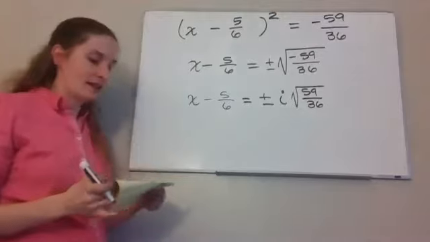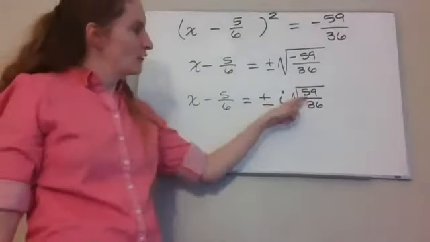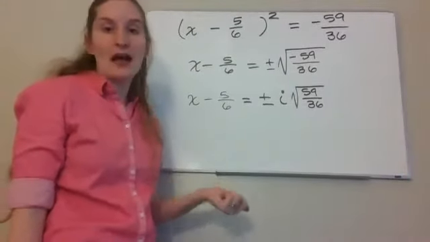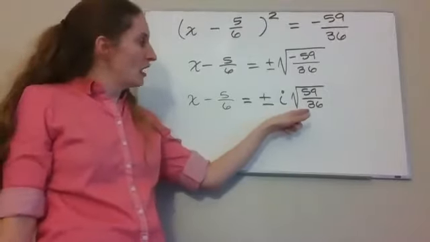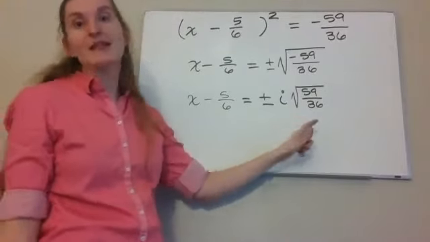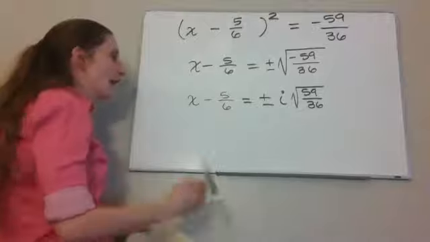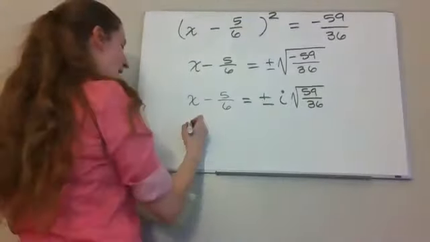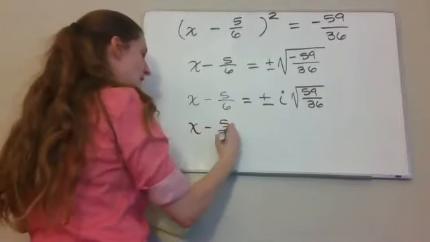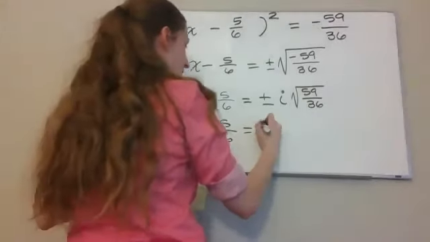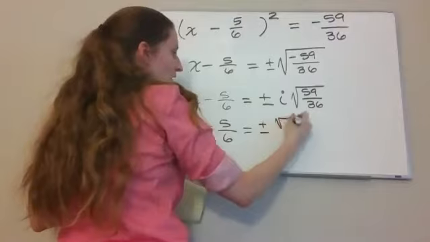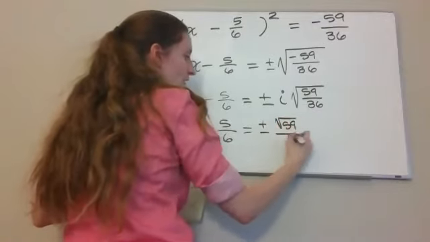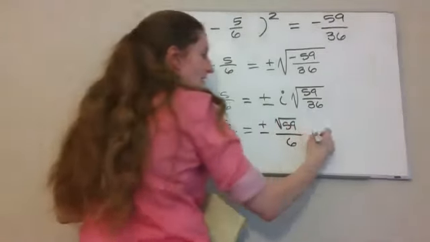Now, if we try to simplify this, that square root of 59 is not going to simplify at all. But in the denominator, square root of 36 is 6. So I can take care of that part and get x minus 5/6 equals plus or minus, I have square root of 59 over 6 times my i.